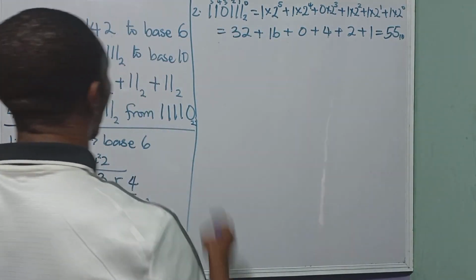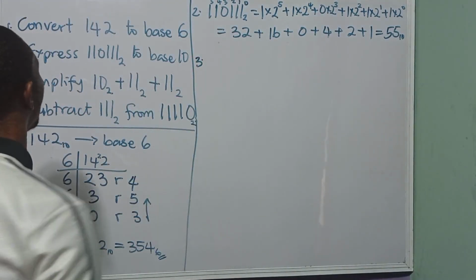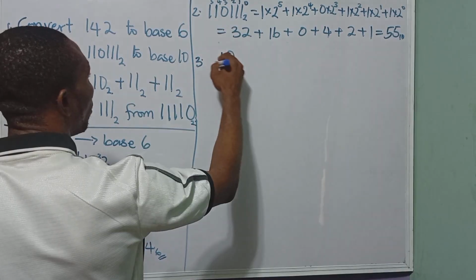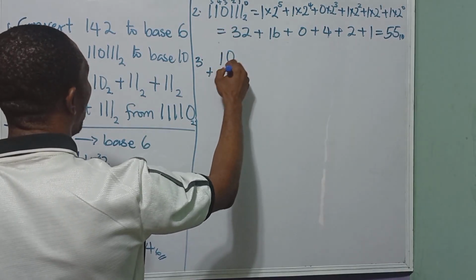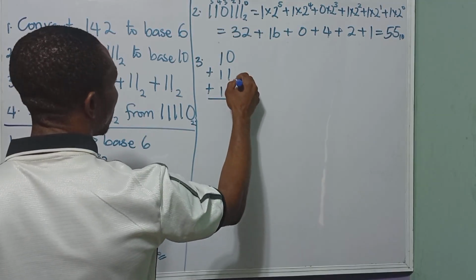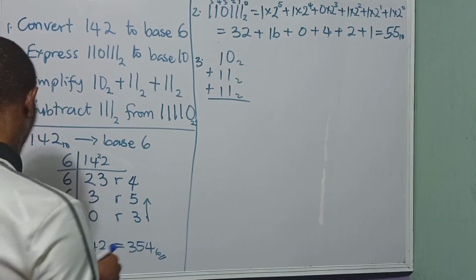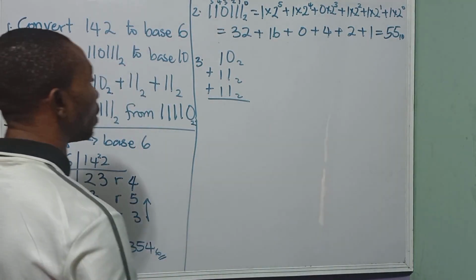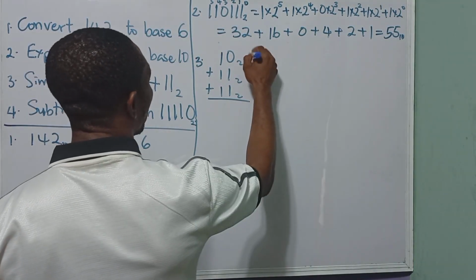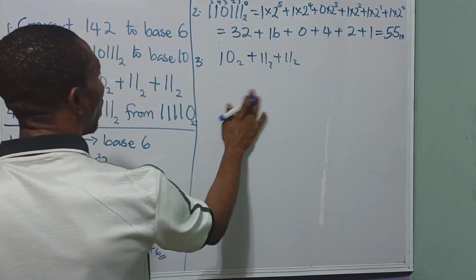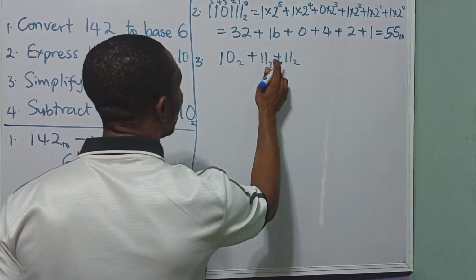Alright, and to our question 3, it says simplify 10 plus 11 plus 11 all in base 2. Alright, so for this, we are going to do it one at a time for clarity. Okay, let me write this to be 10 plus 11 plus 11 all in base 2. So first we add these two.